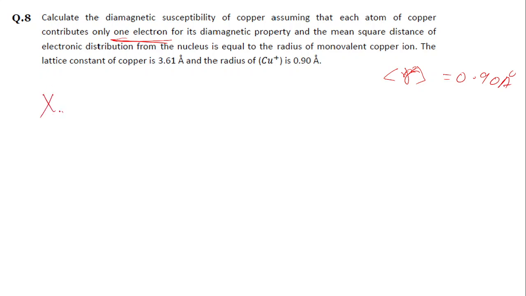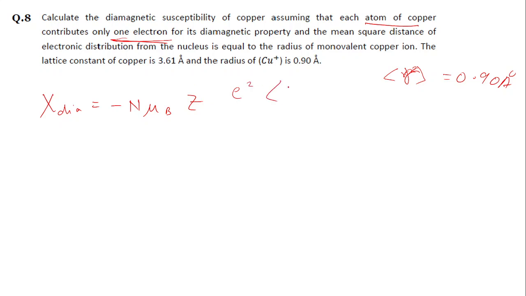We can directly take the formula from when we took the model for deriving diamagnetic origin. That time we had obtained this formula. So directly let's take this formula: minus n mu b, Z is how many electrons are contributing, and it's given that each atom is giving one electron, so Z will be 1 here.